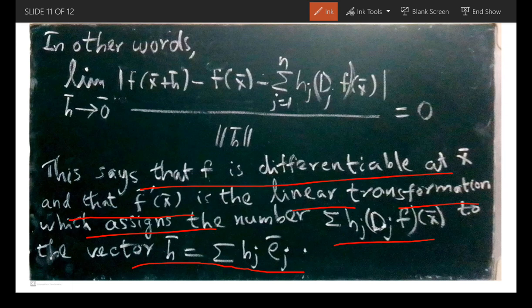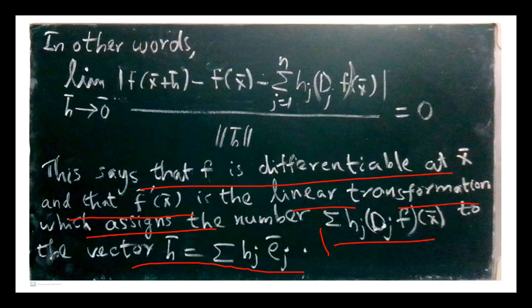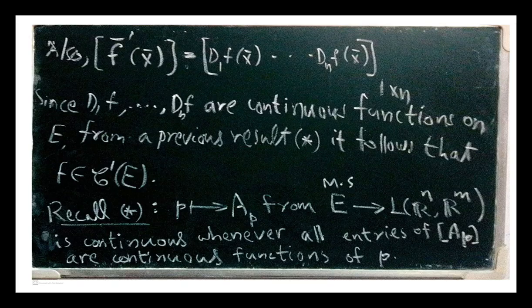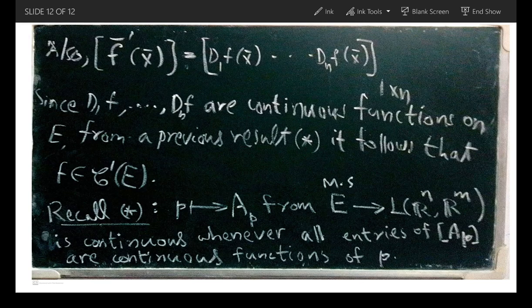That means the derivative of f, namely f dash, is continuous. So we have observed that the matrix of the linear transformation f dash x is precisely this 1 by n matrix d1f at x etc. dnf at x.